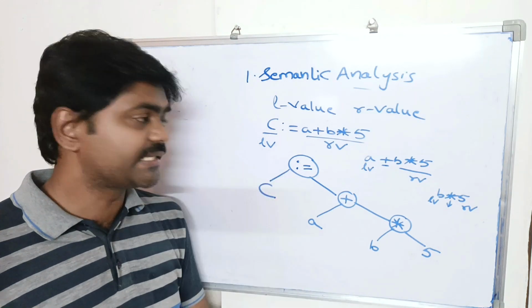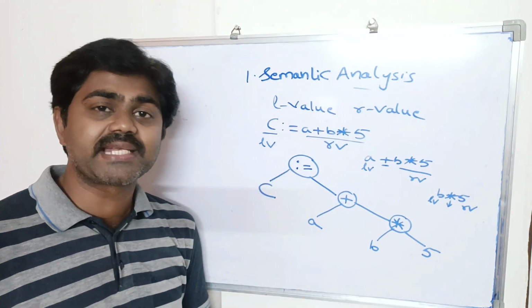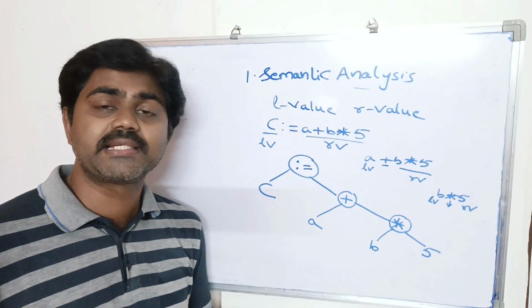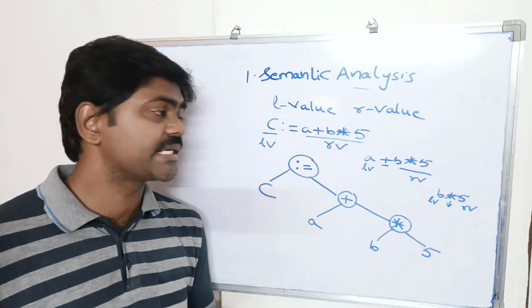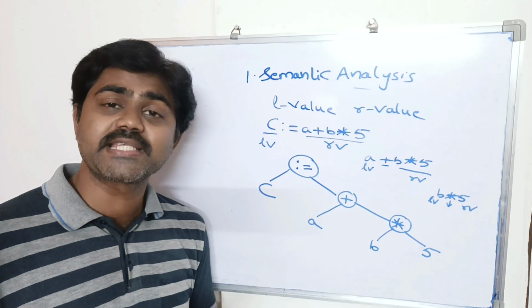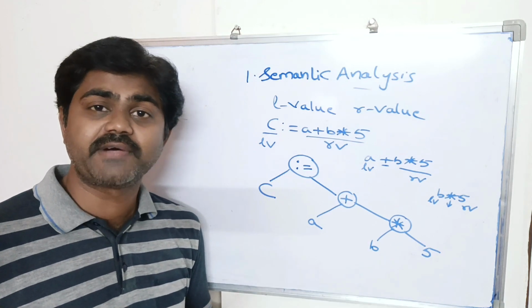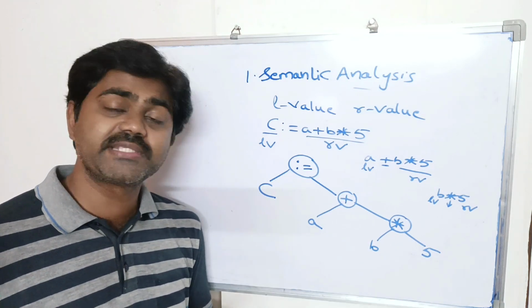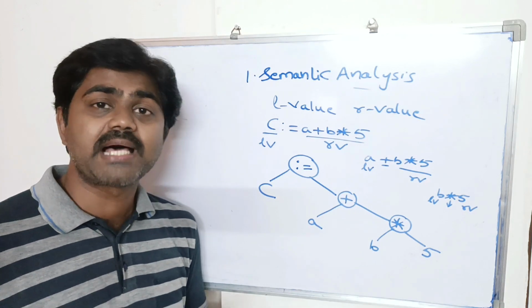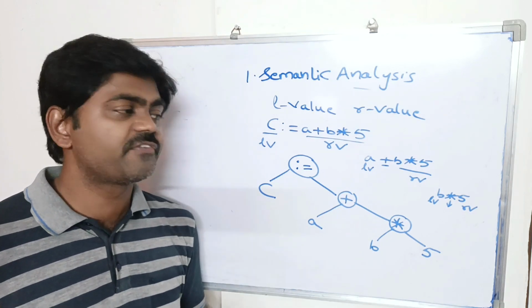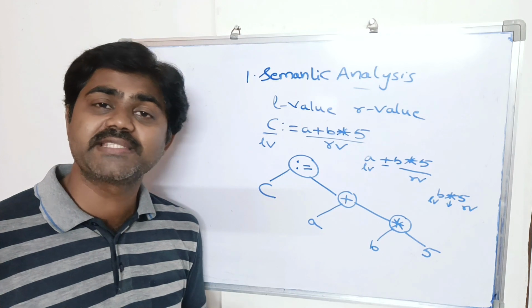As we know, C is an identifier, which we already discussed in lexical analysis. C is an identifier, equal to is an assignment symbol, A is an identifier, plus is an addition symbol, B is an identifier, star is a multiplication symbol. What about 5? Here we're simply saying that 5 is an integer.